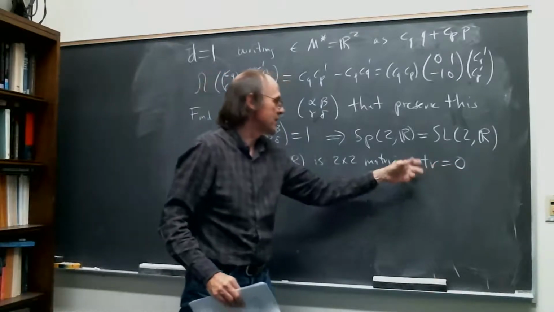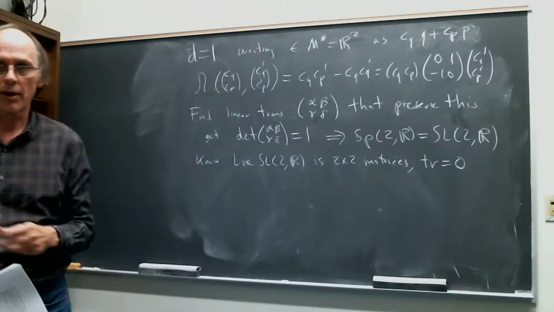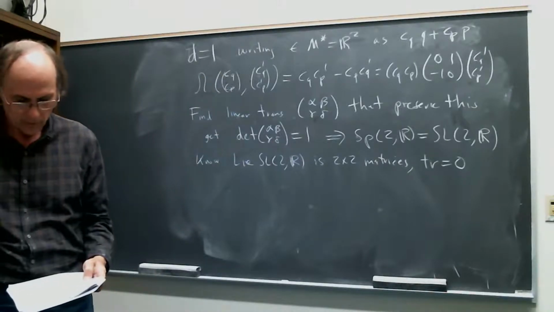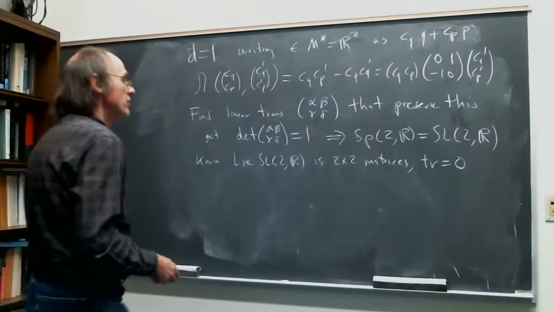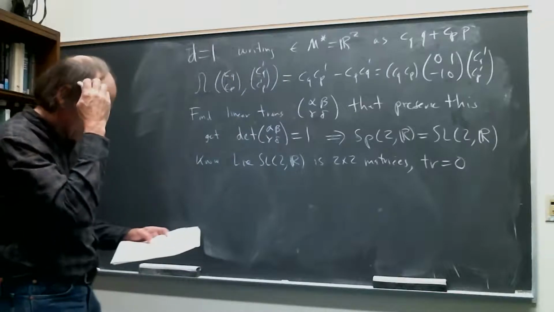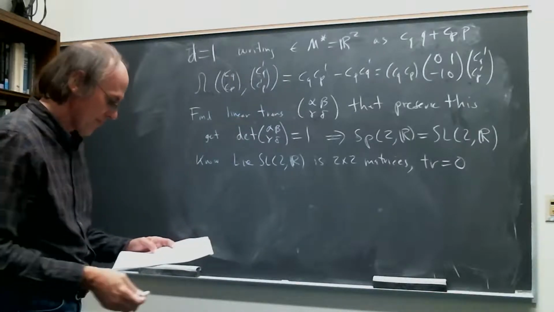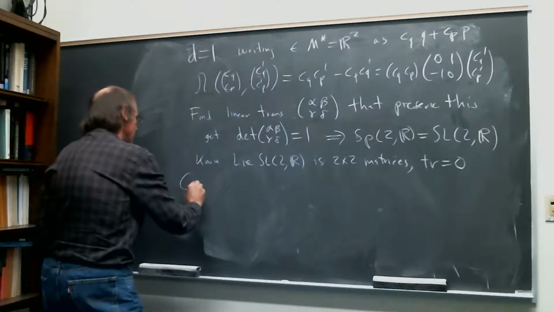Having trace 0 is the condition that when you exponentiate, you get determinant 1. And now what you want to do is get the relation to the quadratic polynomials.